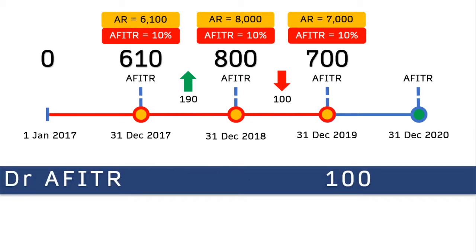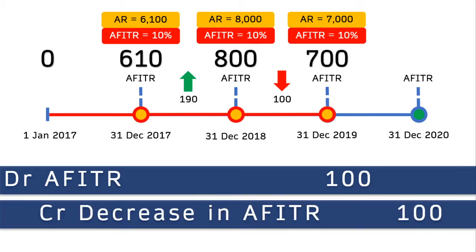Debit allowance for impairment of trade receivables, and the amount decreased shall be treated as a revenue in your statement of profit or loss. As you can see, the amount of allowance for impairment of trade receivables will be adjusted at every year end. Any increase will be treated as an expense and any decrease will be treated as your revenue.